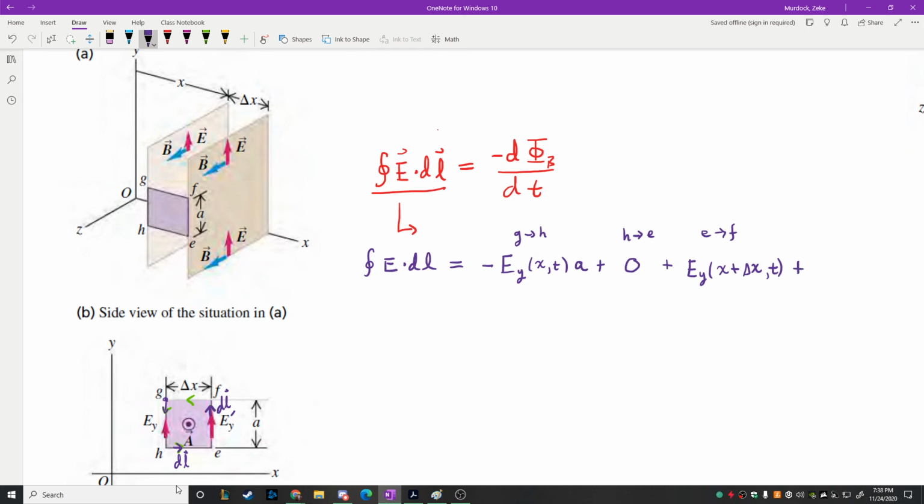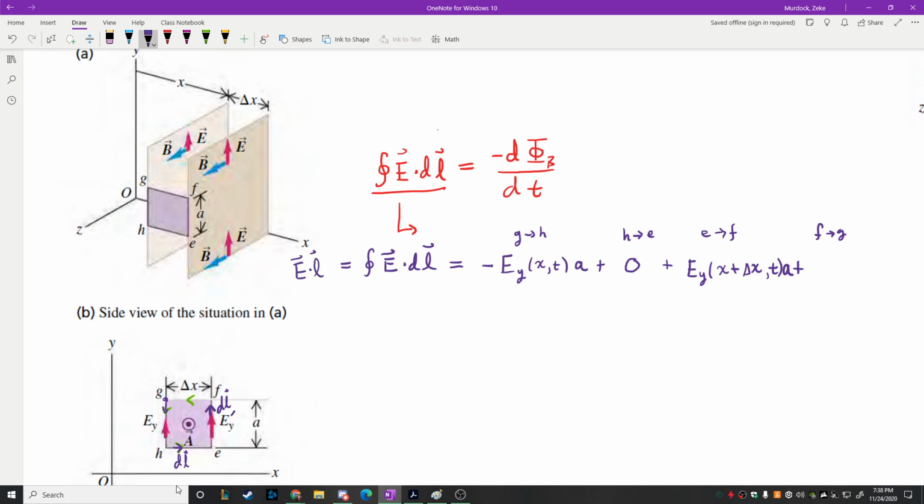Plus, we need to go from F to G. Oh, whoops, I left something out here. This is times a. It's E dot dl, which basically means you're doing E times L in this case, because we're going to say that Ey is constant over this region. But you need to take into account the dot product.